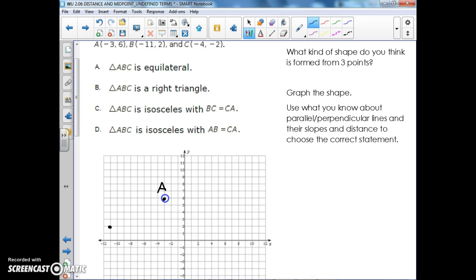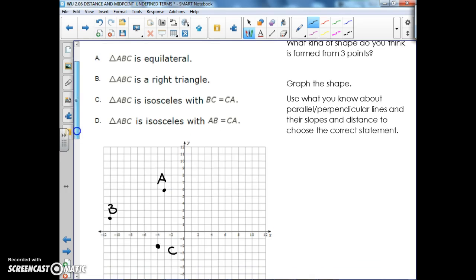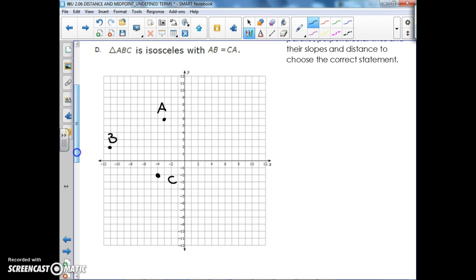This is B. And then C is (-4, -2), so I'm going to go to -4 and then down to -2. Okay, that's C. Now I'm just going to connect the points. All right, so we have some sort of triangle going on here.